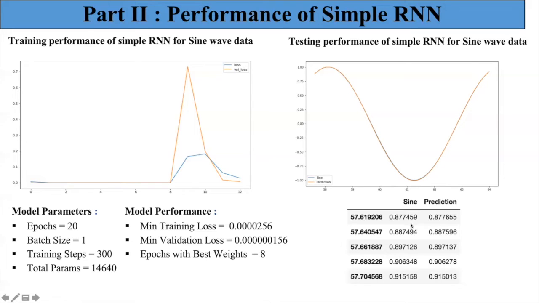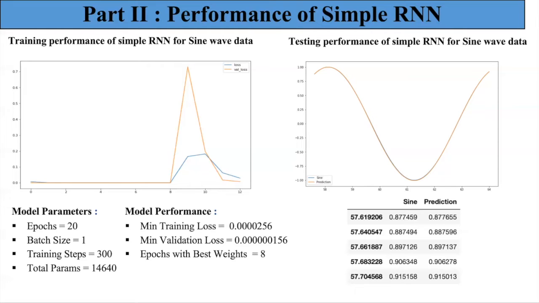The sample shows that the actual difference comes at the fourth decimal, which is very, very close to zero. So in summary, it looks like simple RNN for a sine wave data set works perfectly well. Potential reasons could be that the sine wave is a simple data set with a pretty definitive pattern, and it is a very small data set, so the RNN could have worked with better accuracy.